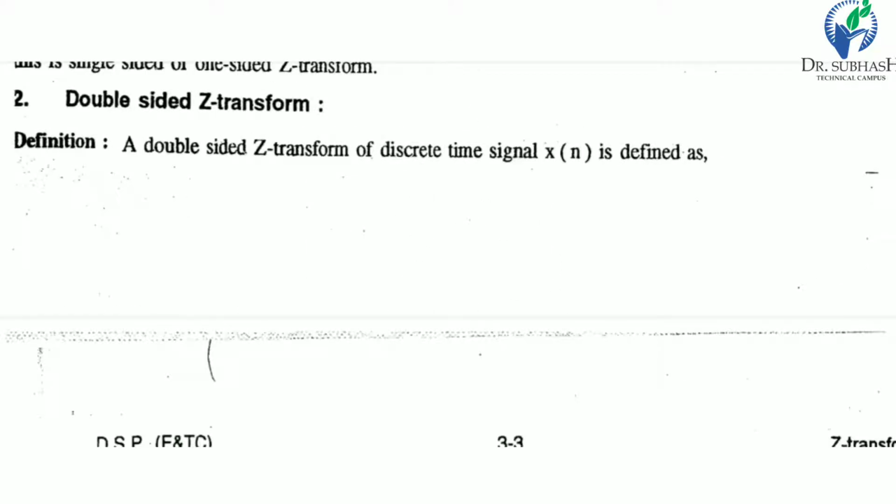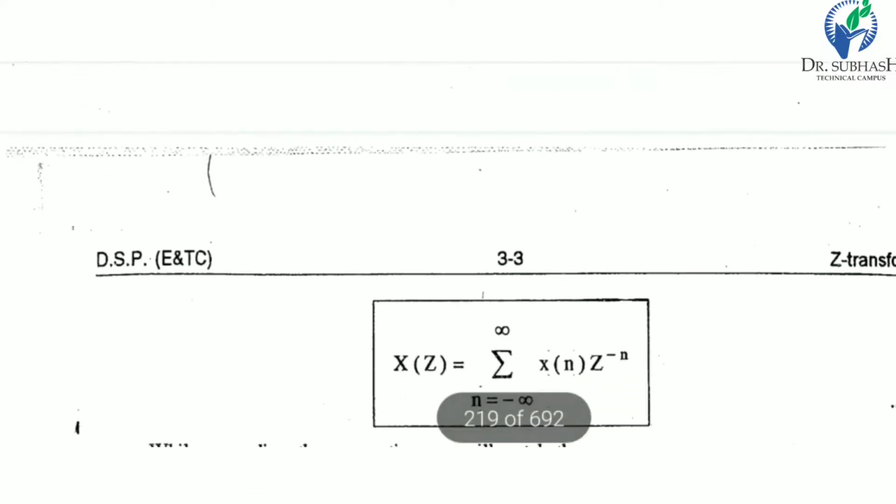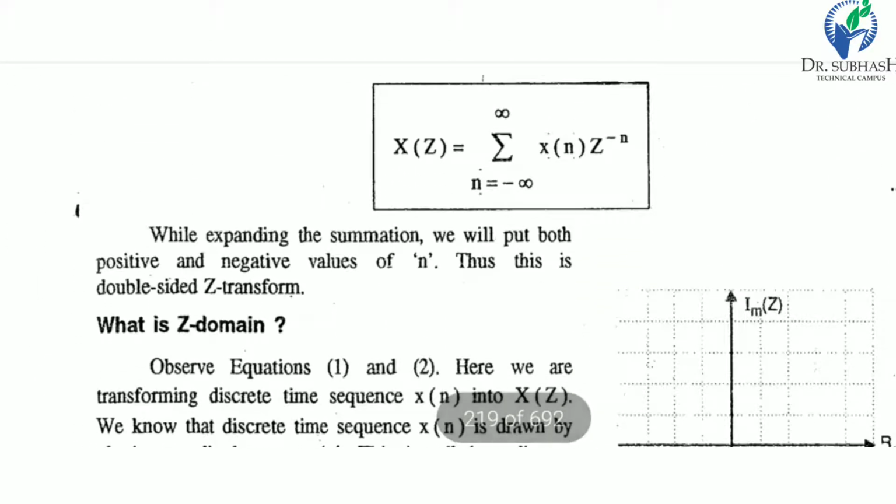Definition of double-sided Z transform. A double-sided Z transform of discrete time signal x of n is defined as x of z equal to summation n equal to minus infinity to infinity x of n z raised to minus n.